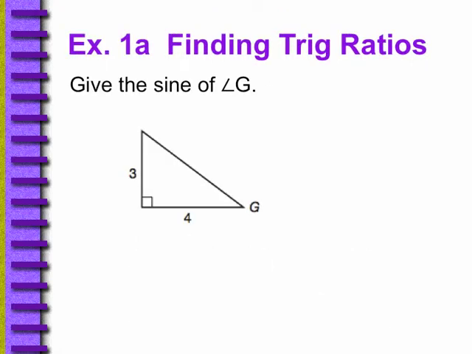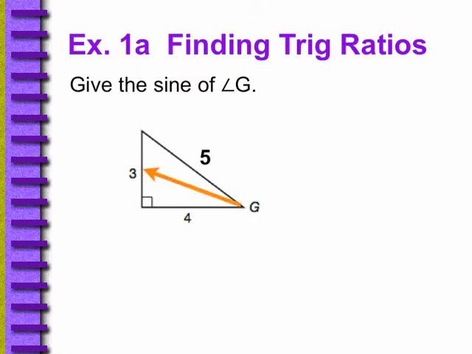Here I have a right triangle. We're asked to find the sine of angle G. Because sine deals with opposite over hypotenuse, we need to find the hypotenuse of this triangle. We'll do that using the Pythagorean theorem, and it's also a 3, 4, 5 right triangle.